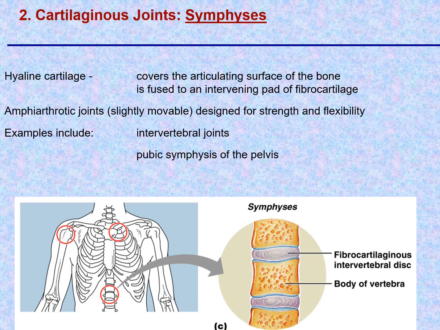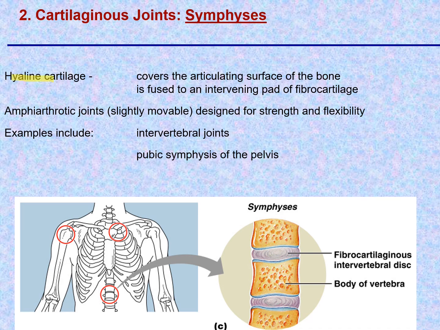Now another type of cartilaginous joint is the symphysis. Here you have hyaline cartilage covering the articulating surface of bone, and the example is between vertebrae.